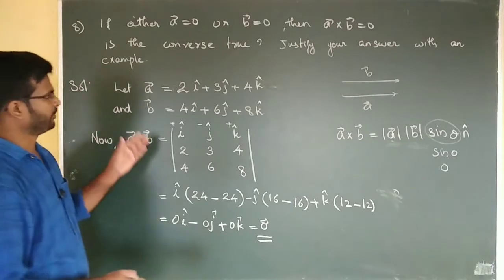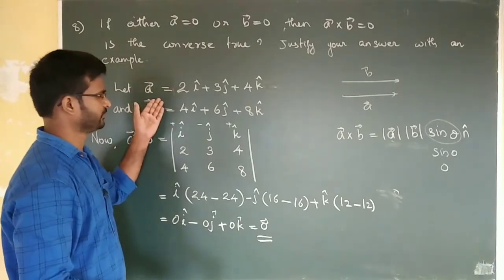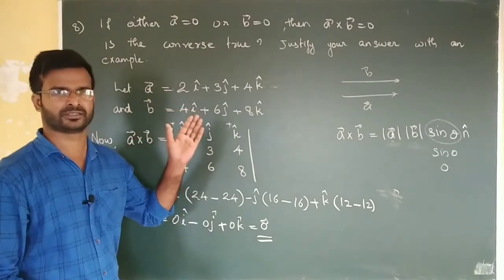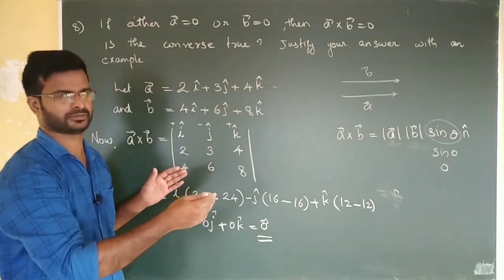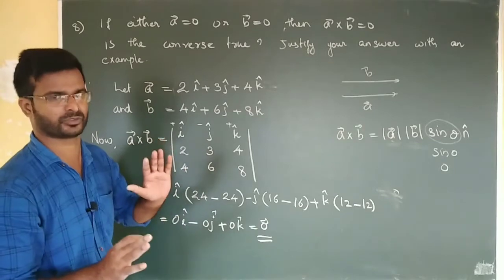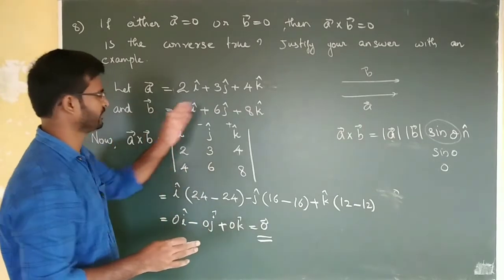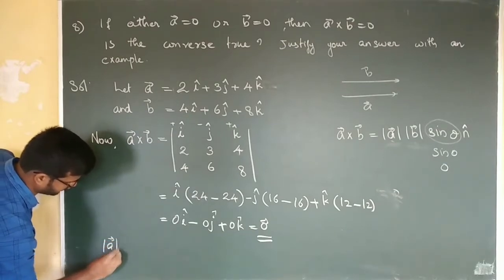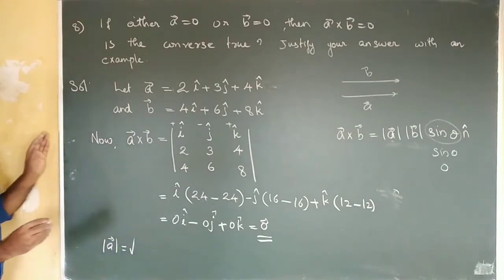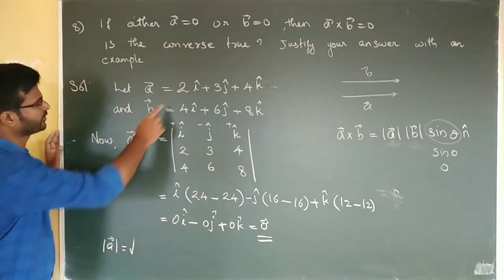Now we can see the magnitude of a vector. Why are we checking the magnitude? What is the reason? We have to check whether a vector is a 0 vector or not. Is the magnitude of a vector 0 or not, and is the magnitude of b vector 0 or not. Magnitude of a vector equals square root of the sum of squares of scalar components.